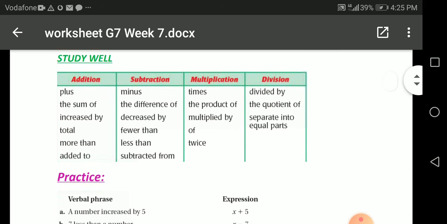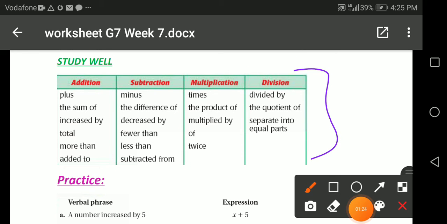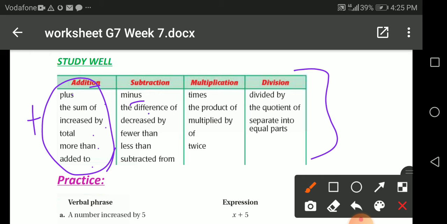Here, study well. These keywords are very important to study, guys. When I say plus, the sum of, increased by, total, more than, added to, all these refer to the plus. Subtraction, minus: difference of, decreased by, fewer than, less than, subtracted from.